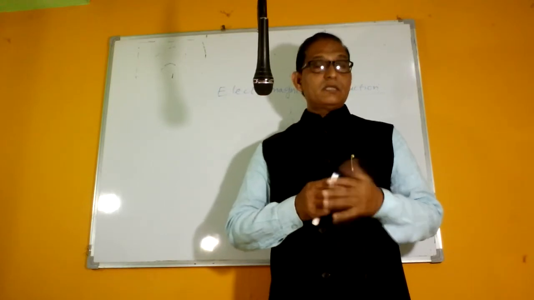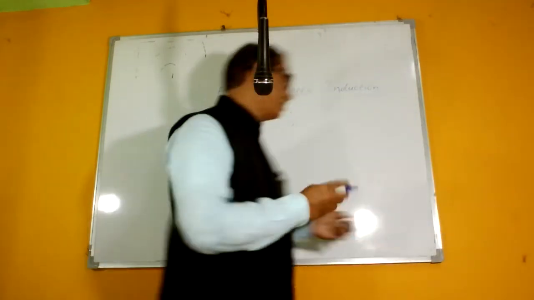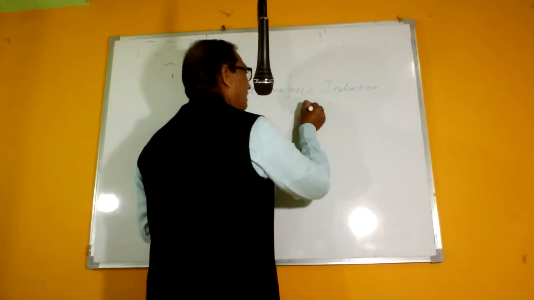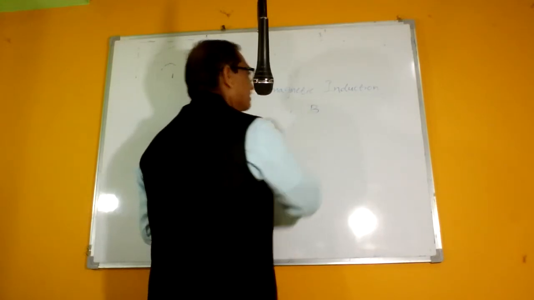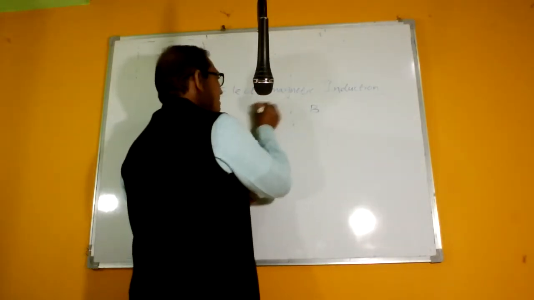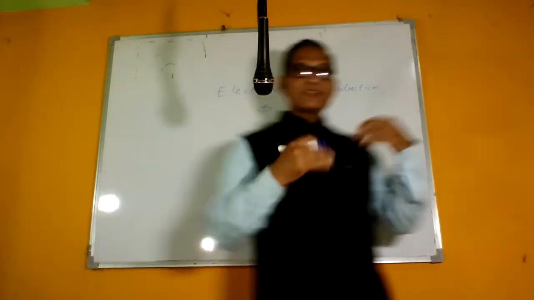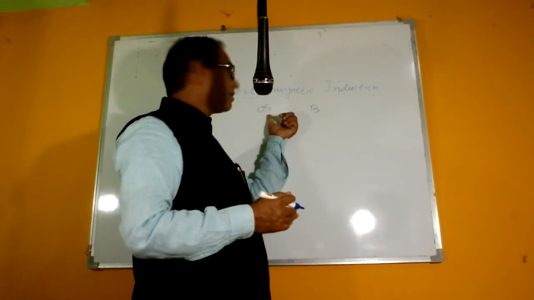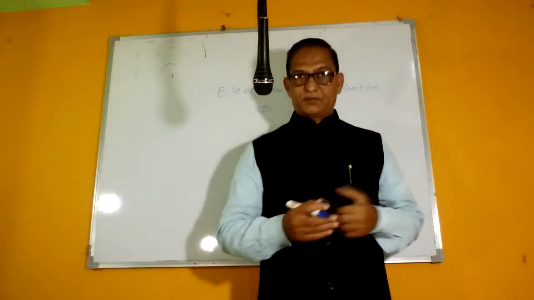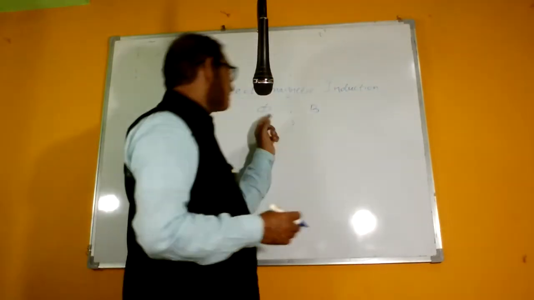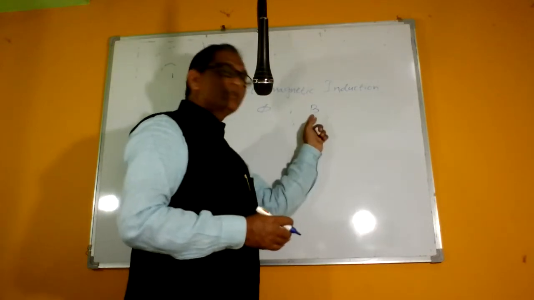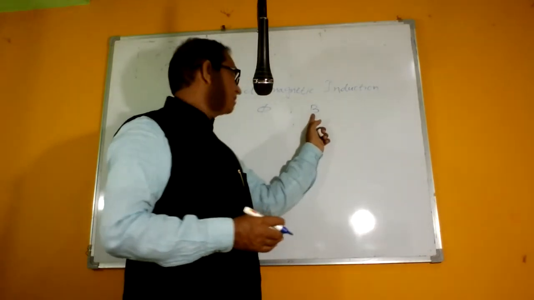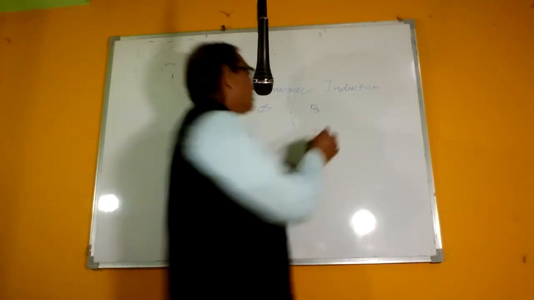The total number of lines of induction over a given surface is called the magnetic flux, represented by phi, and is measured in Webers.